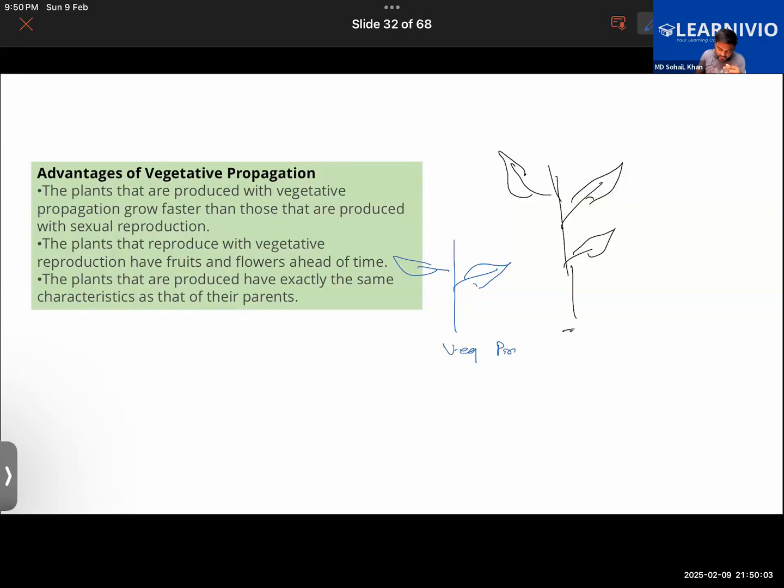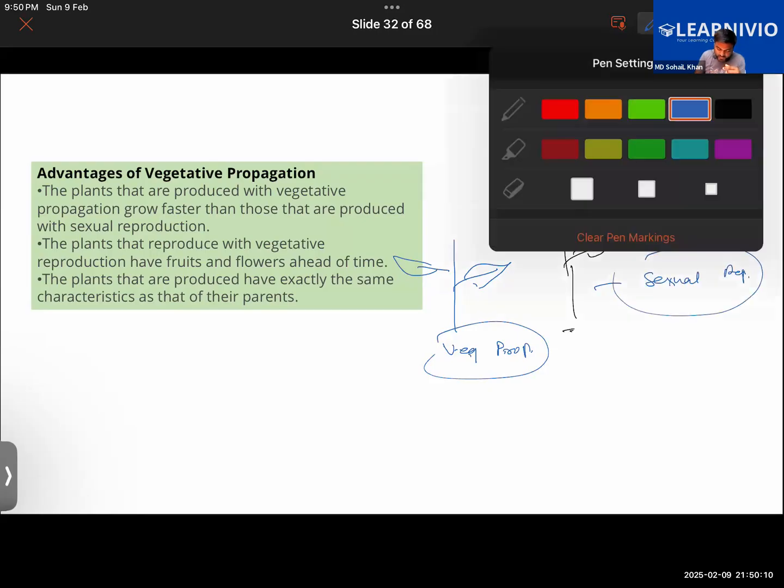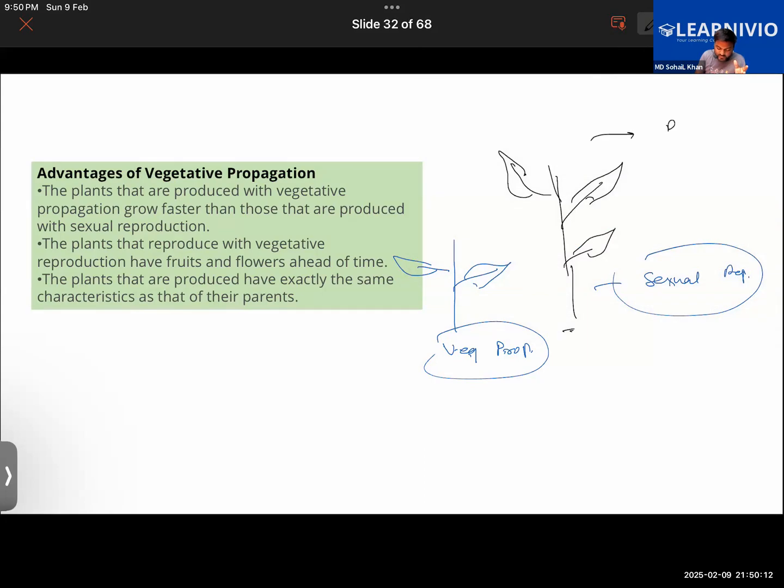If the sexually grown one is going to bear flowers in the fourth month of the year, it will be observed that the vegetatively propagated one is going to bear them in the third month of the year. So that is the advantage of plants grown by the vegetative propagation method.